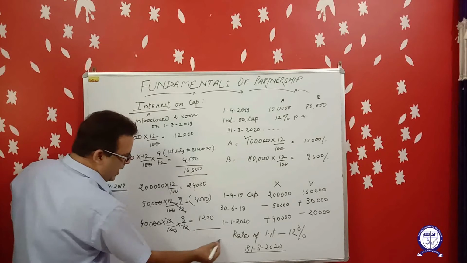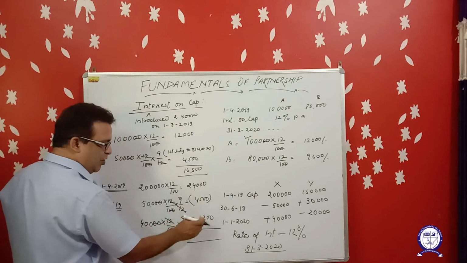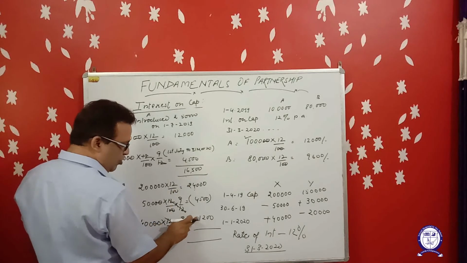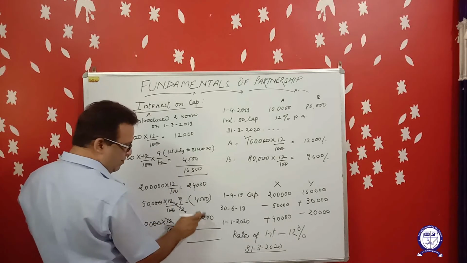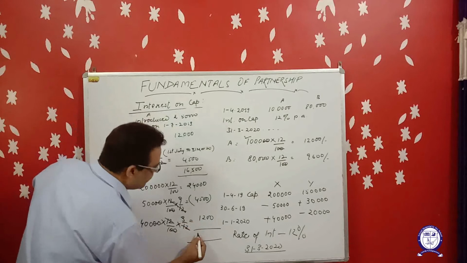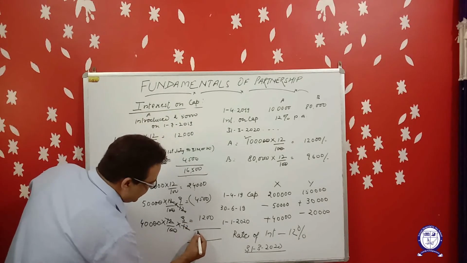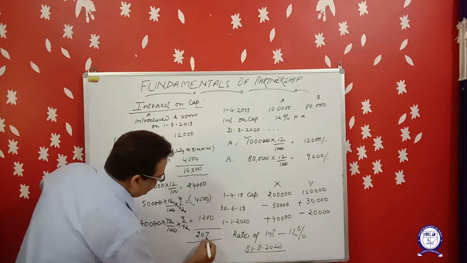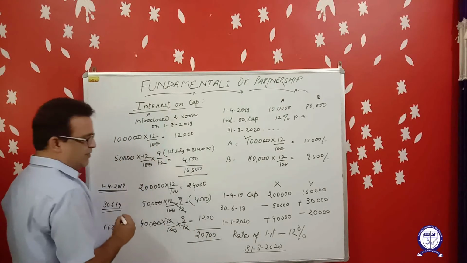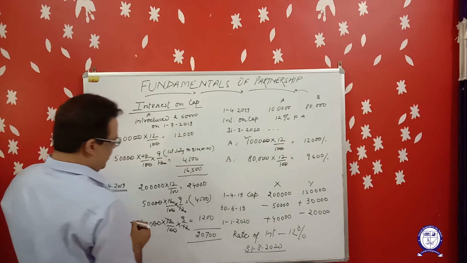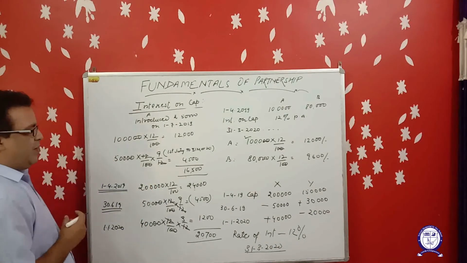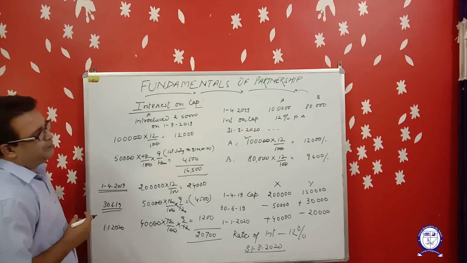Now add the amount of interest. 24,000 plus 1,200, 25,200, minus this one, 20,700. So this is the amount of interest on capital.